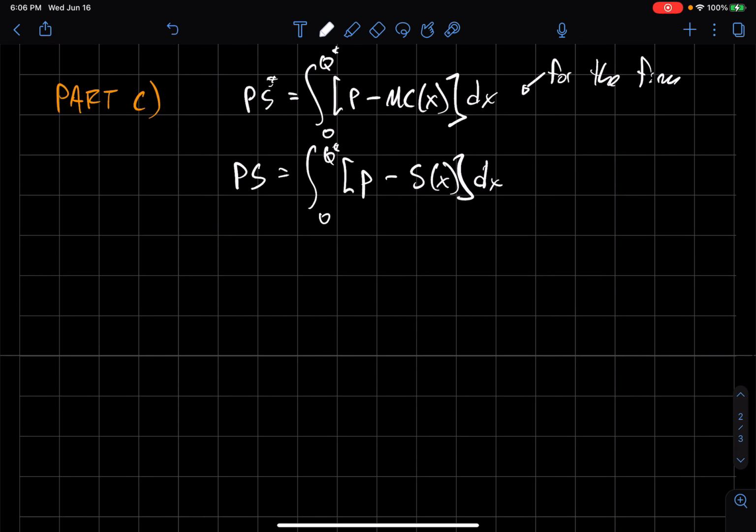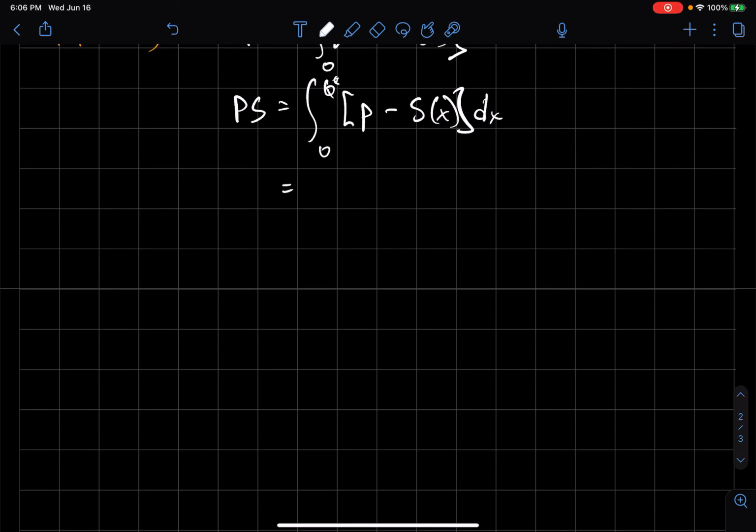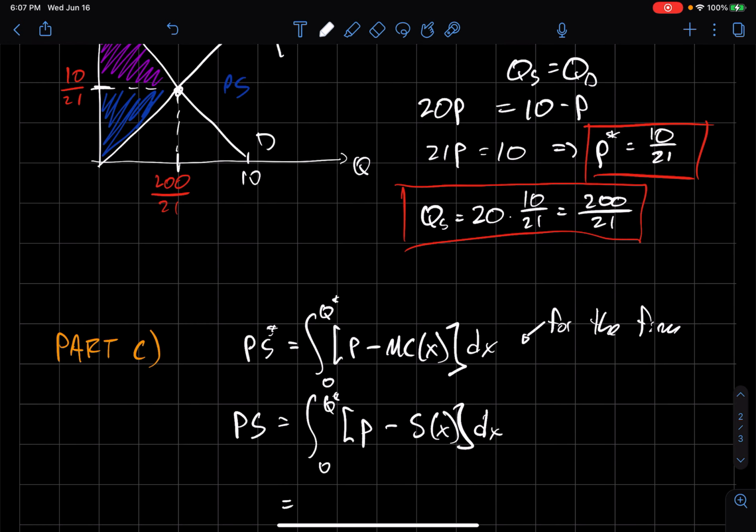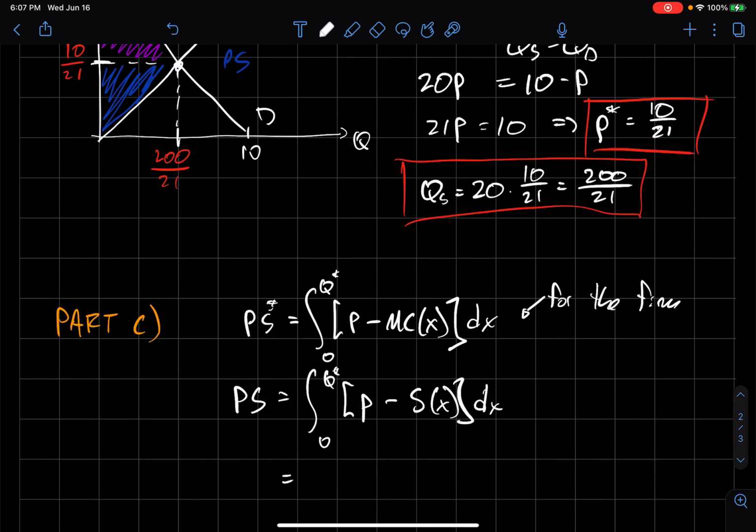So we're just going to integrate over the supply curve. Okay. You can equivalently think of this as, for the firm, we calculate the producer surplus and then we multiply by 40. And that's sort of what's going on in the background here. So either way you do it is perfectly fine.